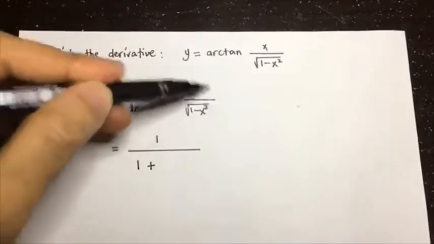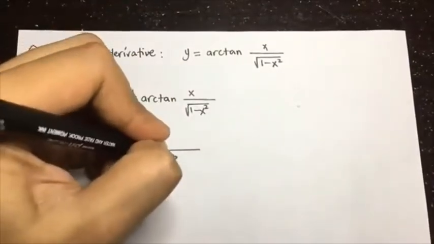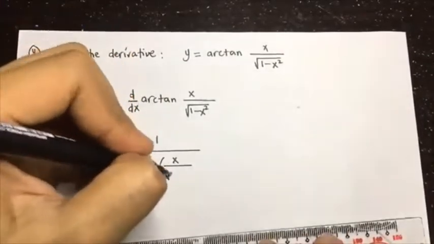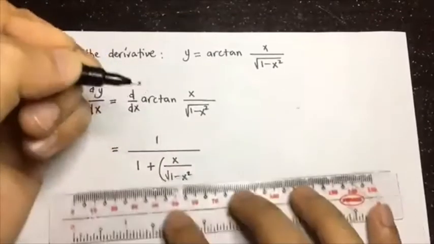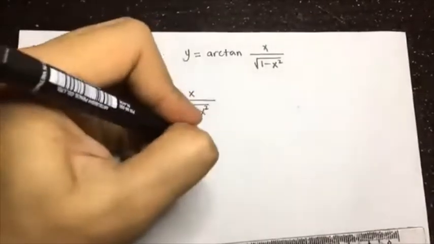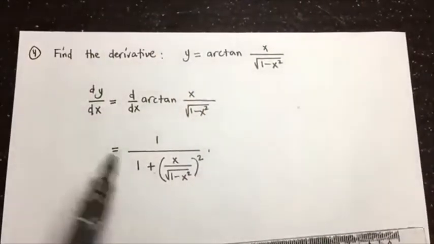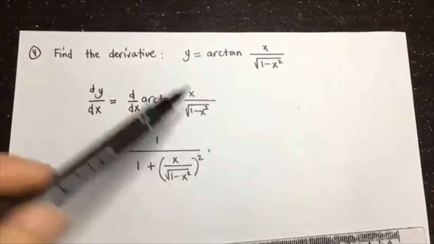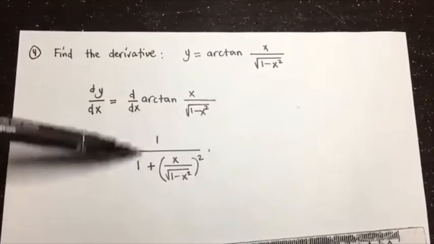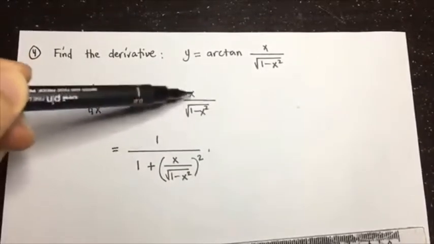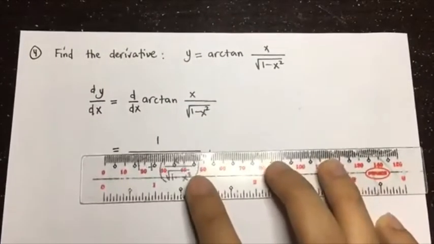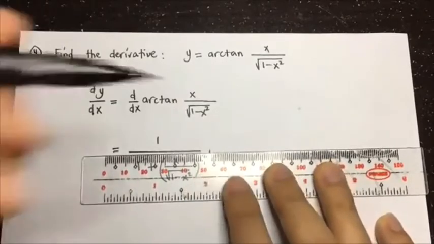So our u is this. So u squared is x over square root of 1 minus x squared, squared, multiplied by the derivative of u with respect to x. So we will derive this, multiplying this by the derivative of x over square root of 1 minus x squared. So therefore we should use the quotient rule.